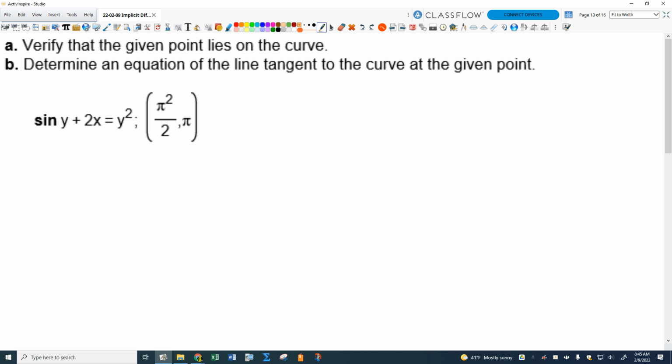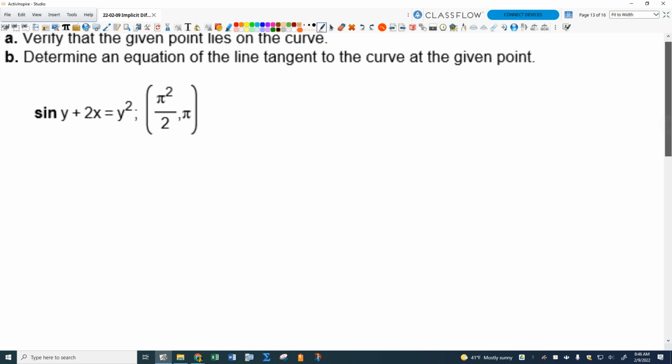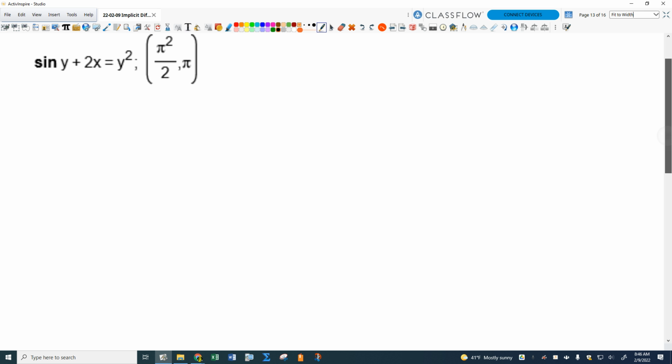All right, so the x's and the y's are kind of tied up. It's not solved for y explicitly, right? So I'm going to have to just differentiate with respect to x. I'll implicitly differentiate. What's that going to give me for my first term? Derivative of sine y is cosine y times the derivative of y, in this case, derivative of y with respect to x.